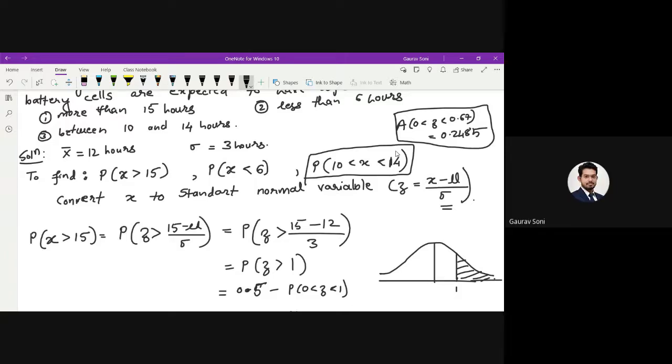Wrong. I want you to find the probability that a battery cell will last between 10 and 14.